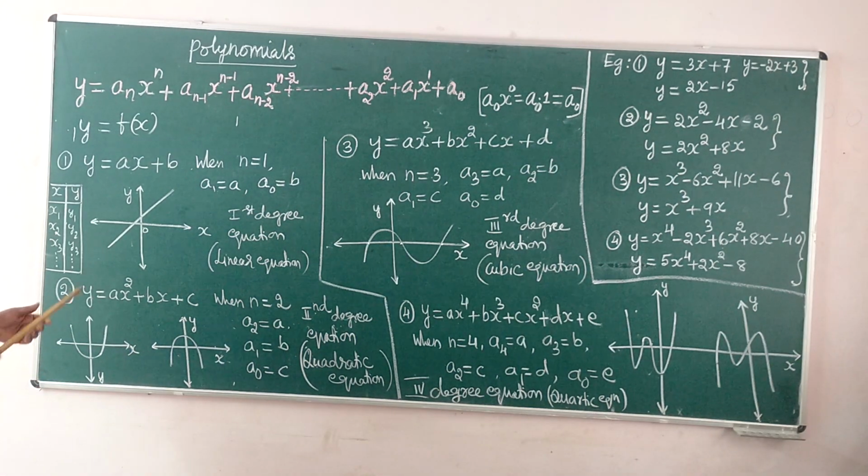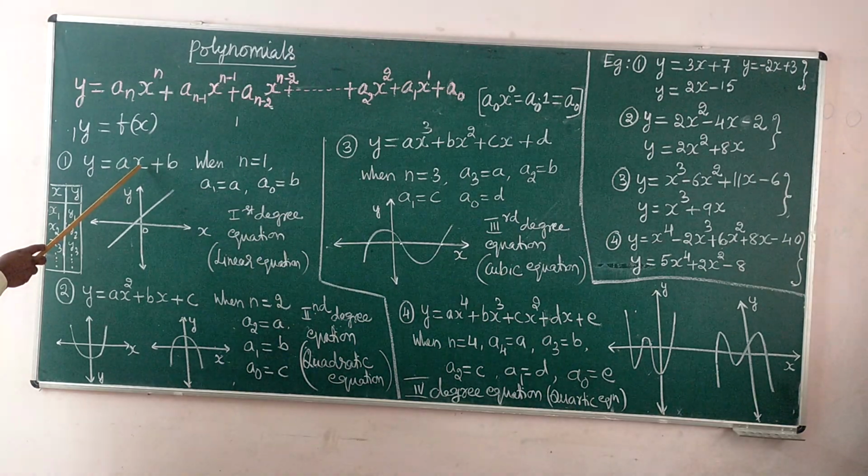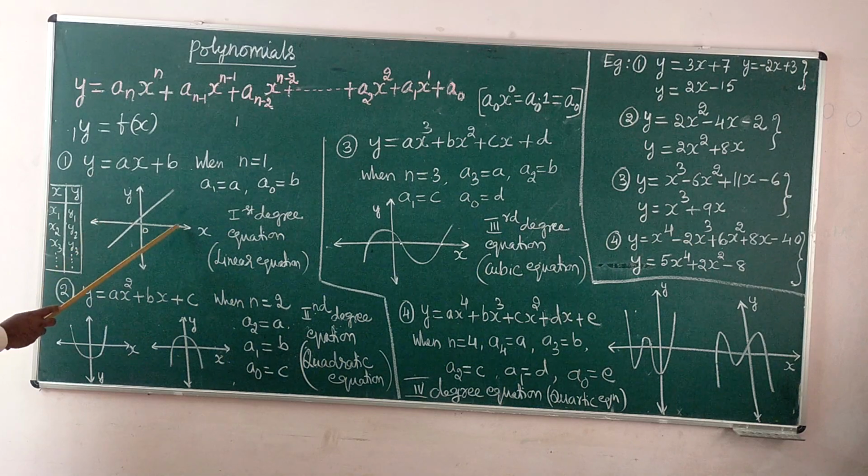Here, in a polynomial of first degree, look at this graphical representation. This line is the graphical representation of the variation of x and y. This line intersects the x-axis at only one point. On the x-axis, the value of y is always 0.